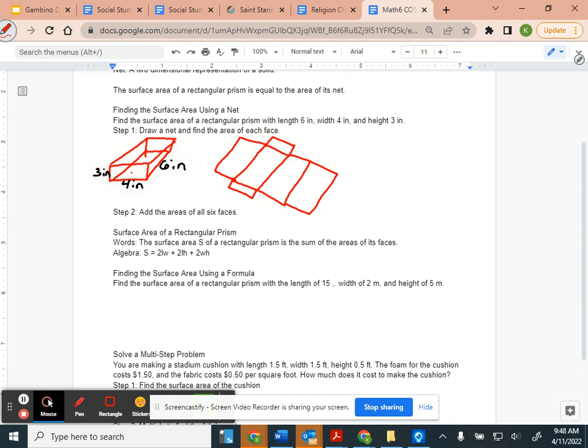I need to put my measurements on there. So help me figure out what my measurements are for each rectangle. Will? The 4 big ones, and it be 6 inches. So the long edge is going to be 6. So each long edge is 6 inches.